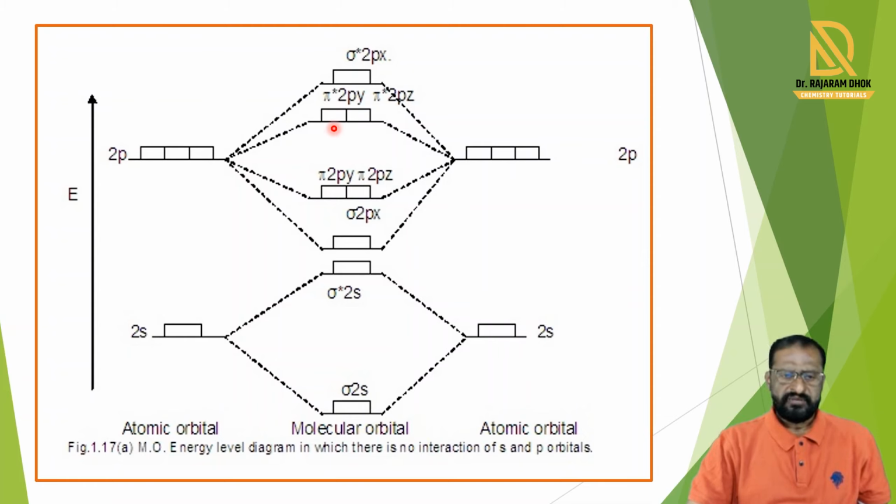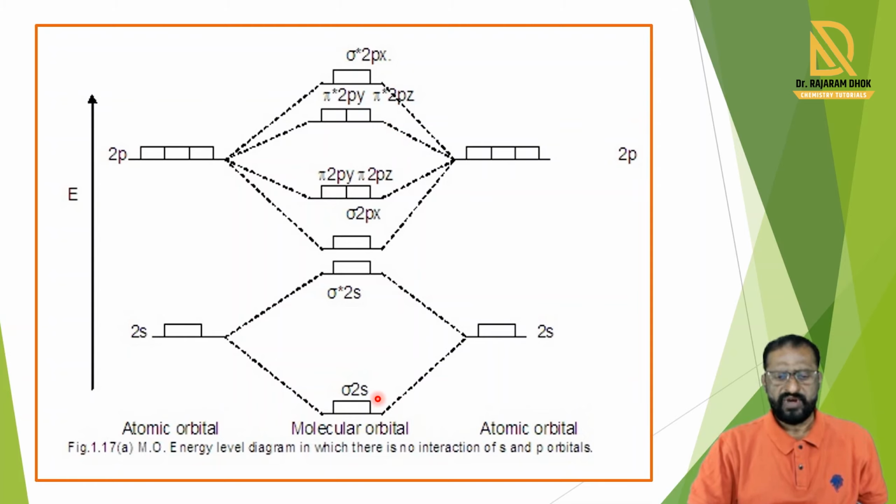In the case of the pz of the first atom and the pz of the second atom, when the wave functions are different, then the anti-bonding pi star 2pz molecular orbital is formed. So in this way, the 4 atomic orbitals of the first atom and the 4 atomic orbitals of the second atom combine, and there is formation of 8 molecular orbitals.